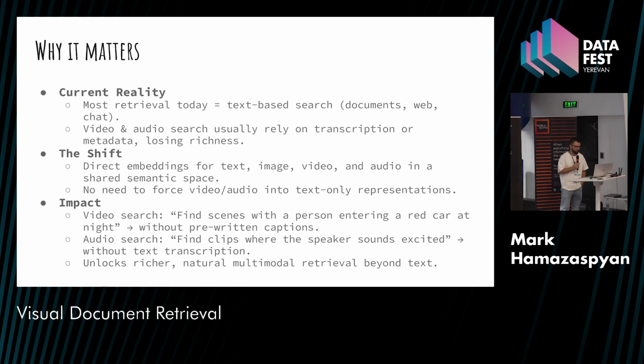One of the impacts in the end is that it would be very cool to have a video search or audio search model. Let's say we go to YouTube and search in a video, finding scenes where a person is entering a red car at night, and it specifically brings this small clip of the video, and similarly with audio. So the impact would be very broad and very big.